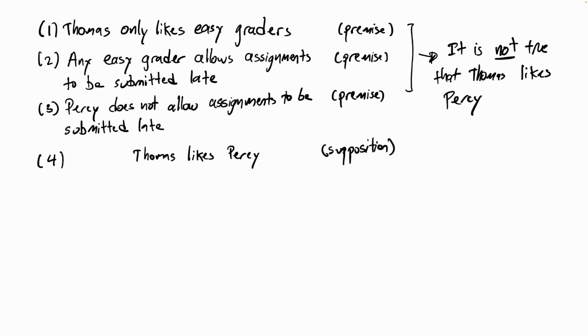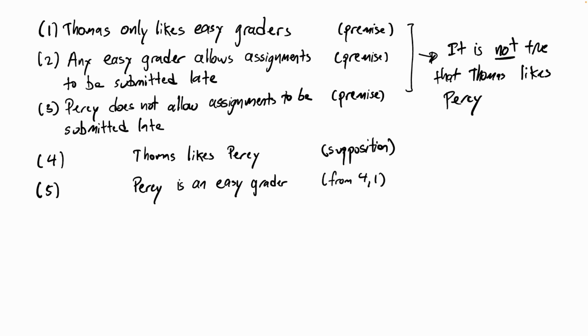Now we aim to show that our original three premises plus this extra supposition lead to a contradiction. So, assuming that Thomas likes Percy and that Thomas only likes easy graders, we can conclude that Percy is an easy grader. So in our new column of reasoning, we'll write Percy is an easy grader, which is a conclusion that we can draw from lines 4 and 1.